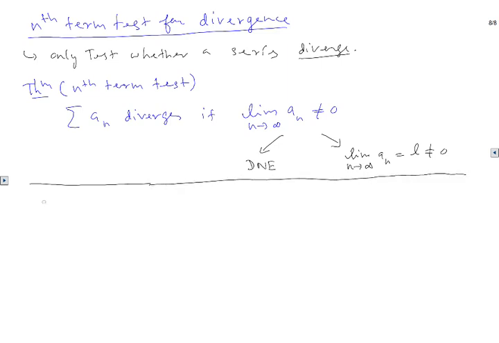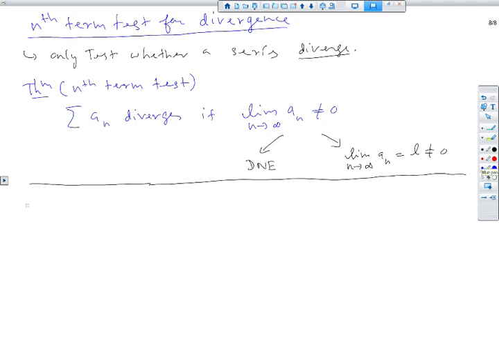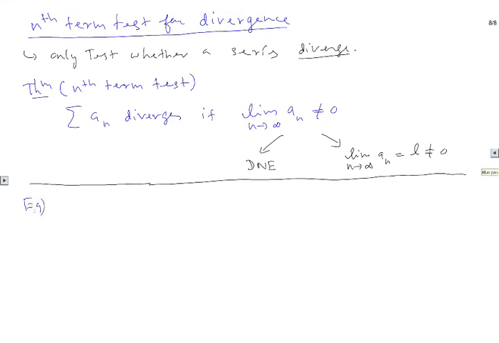Example number 1 is the sum from n equals 1 to infinity of 2n over 3n plus 5. Here a_n equals 2n over 3n plus 5.